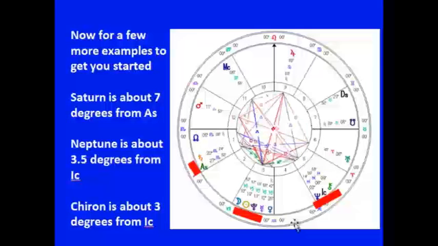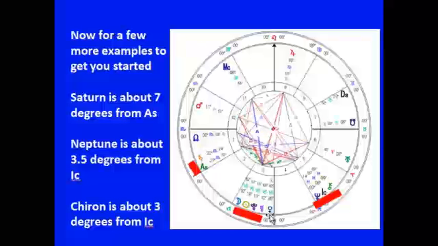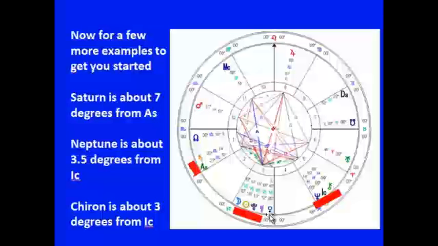If we were using the larger orb, and I probably would, because we're creating all this Capricorn energy, I would probably include Venus in this lineup of planets in Capricorn. But again, that's something you use your own intuition on to see if it's really working.